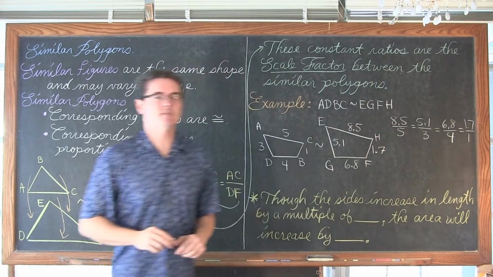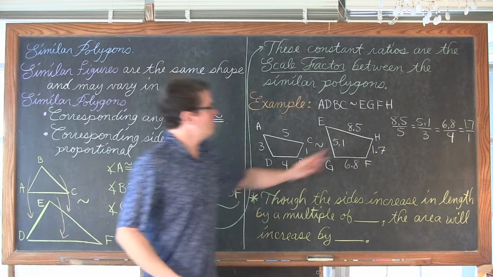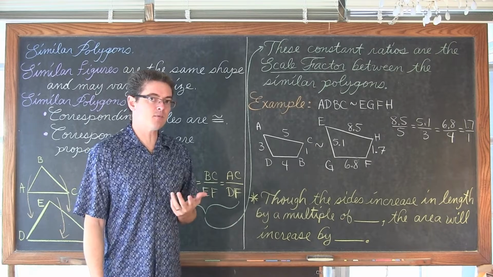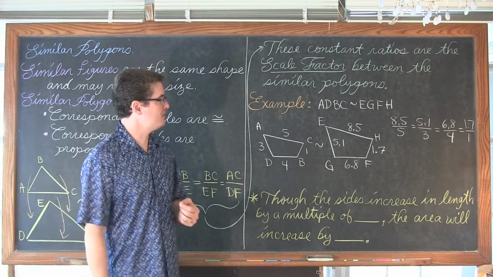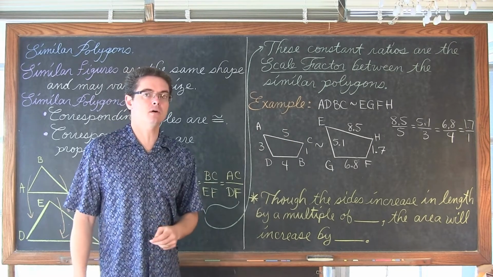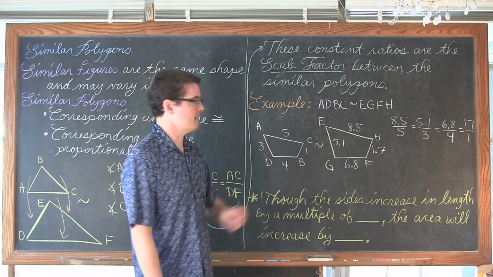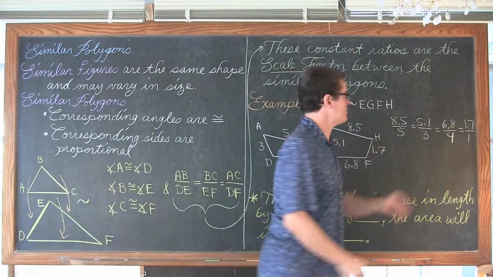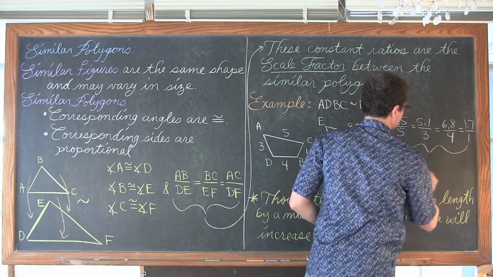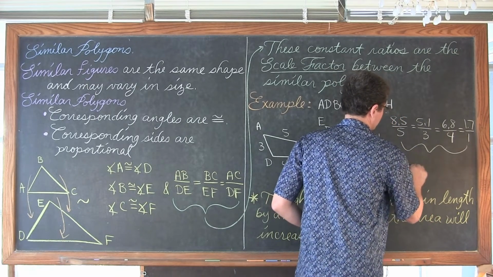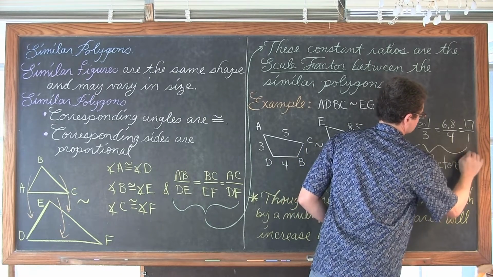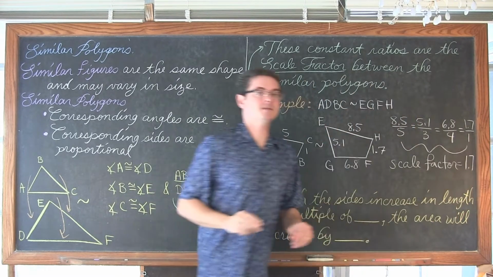Now, of course, the last one's kind of a gimme because I'm dividing by 1. When I check all of these ratios, as long as they're all the same numerical value, then I have 2 figures which are similar. And of course, again, all my corresponding angles must be congruent as well. Well, all of these do come out to be a scale factor of 1.7.